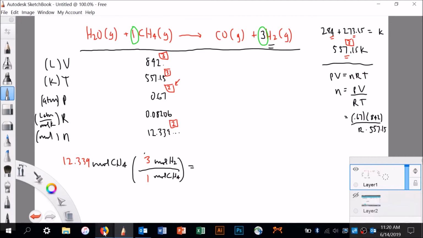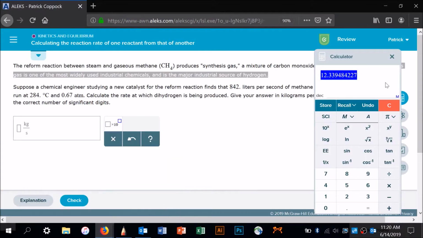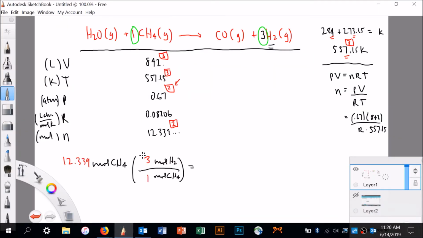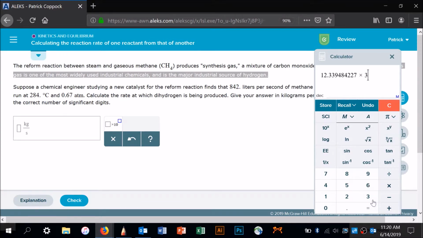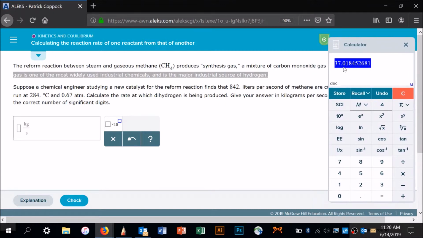Okay, so I'm going to take my number, which is still in my calculator, and come back over here. 12.339 times, already forgot it. It was times 3 divided by 1, right? Times 3 equals, let's store that number also. So it's 37 moles of dihydrogen gas.